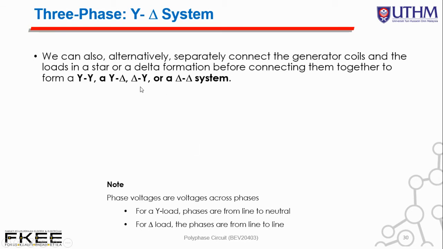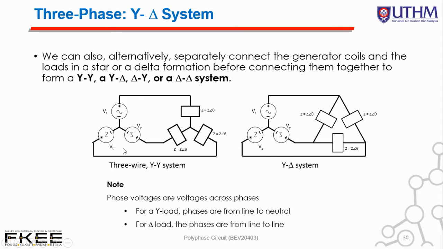This means altogether we have 4 possible configurations. Basically we have star and delta only. This is the second possible configuration, namely the star delta connection. What we saw earlier was the 3-wire Y to Y system, and here is the Y delta system.